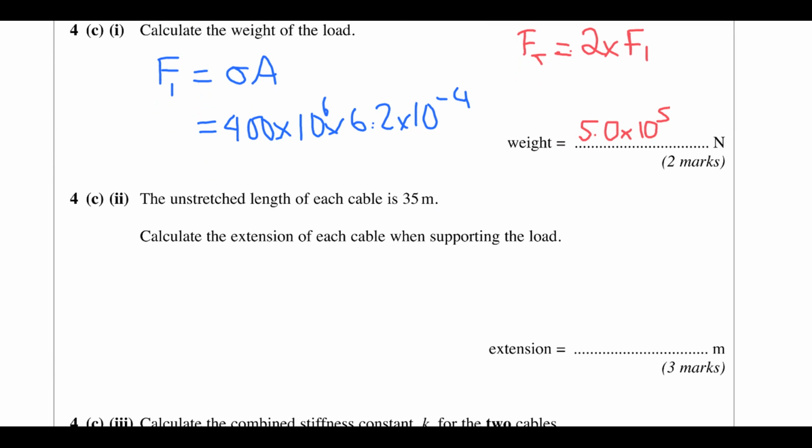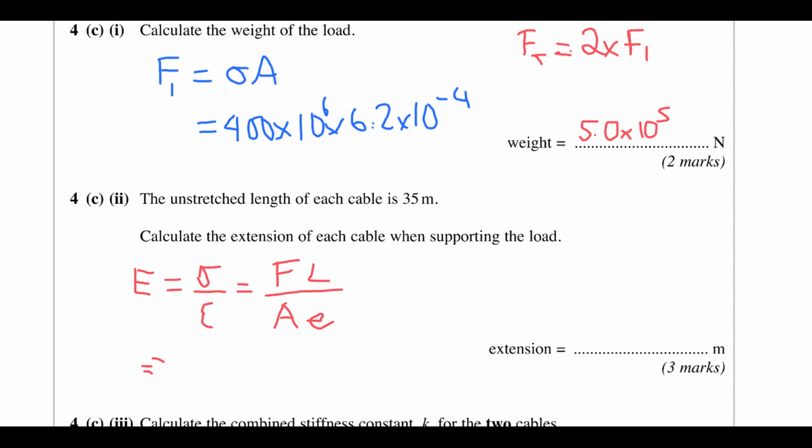Okay, so the unstretched length of each cable is 35. Calculate the extension. So Young modulus is stress over strain. Stress is force divided by area. Strain is extension divided by original length.